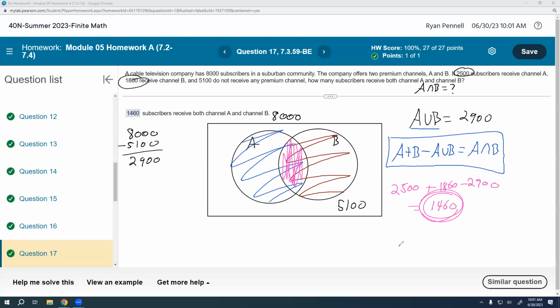And just before we move on, you can write this formula the other way: A union B equals A plus B minus their intersection. Those are important formulas for us to have. They are very helpful when we need to solve problems like this. But we can see that they are true.